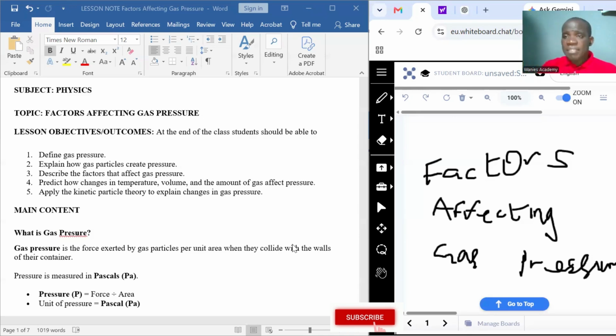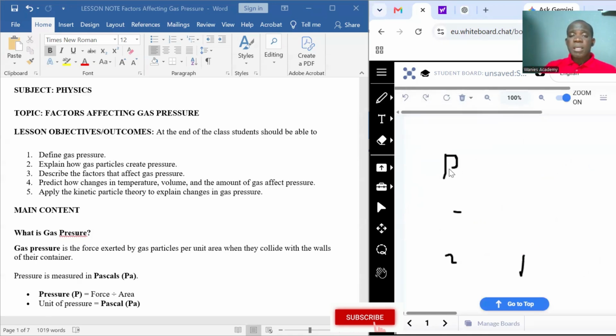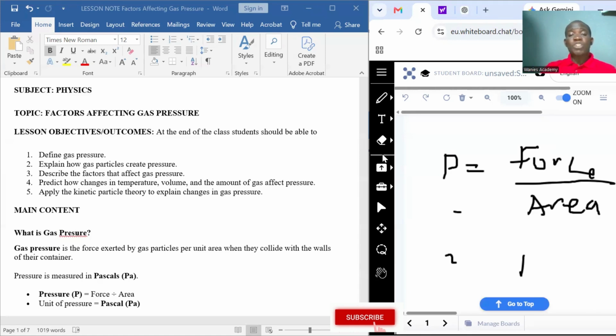So how do we evaluate this pressure? It is defined as the force exerted by the gas per unit area. Mathematically, pressure is expressed as P equals force exerted by these particles divided by the area.